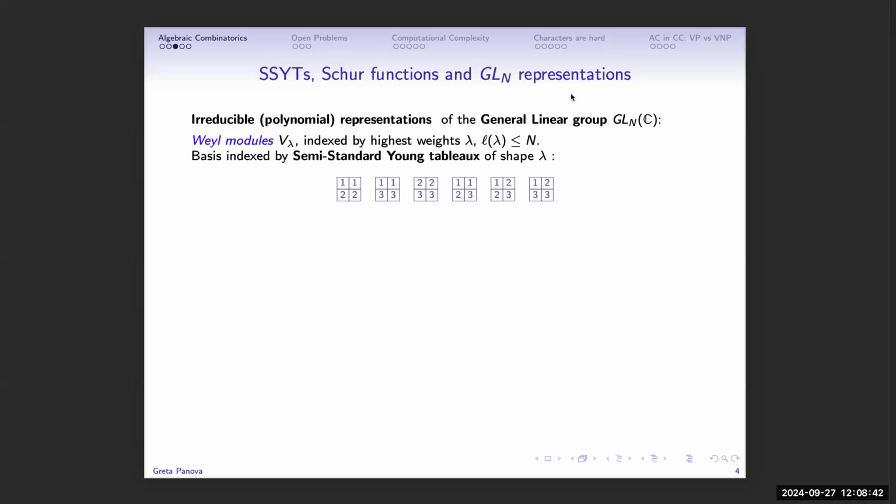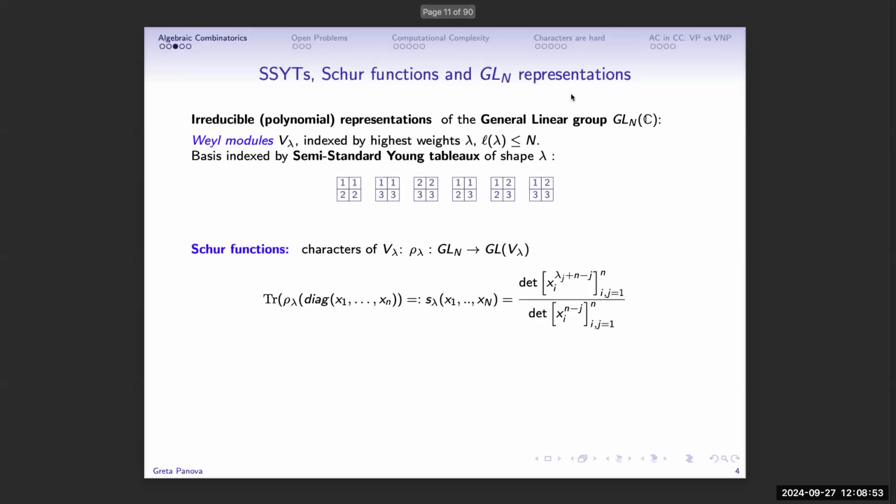Same thing with the Young diagram: we enter the numbers from 1 up to big N, so that they're weakly increasing along rows and strictly increasing down columns. One way to study representations is through their characters, the traces of the matrices that we map into.